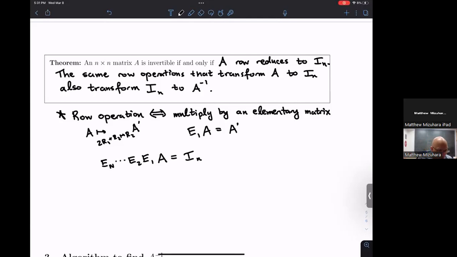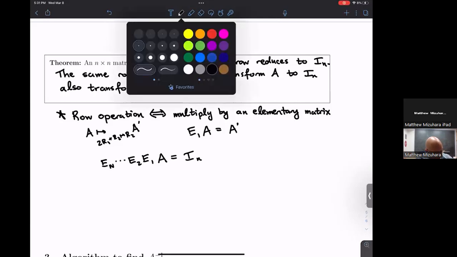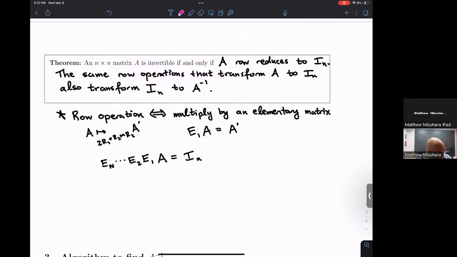But what's really interesting about this is notice that if I took all of these matrices, En minus 1, and so on up to E1, and clump all those together and call them a matrix C, then the equation we've just written down is some matrix C times the matrix A equals the identity.